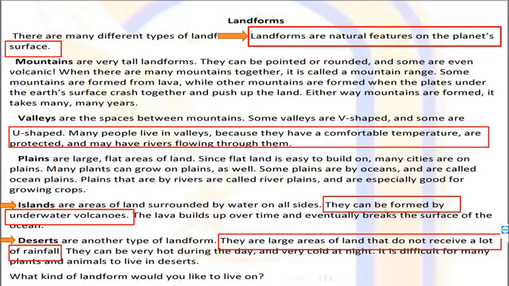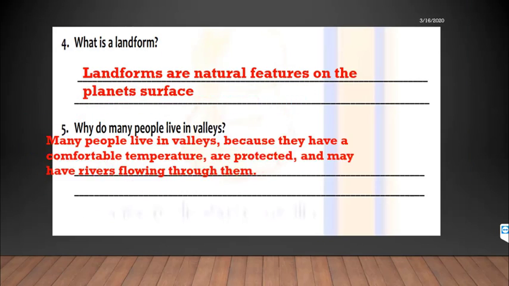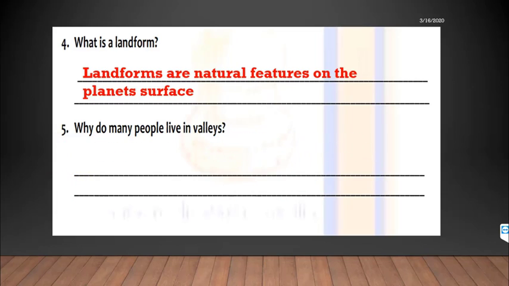We've just explained that what names an object. We are asking about an object, and we are giving information about landform. Landforms are natural features on the planet's surface.